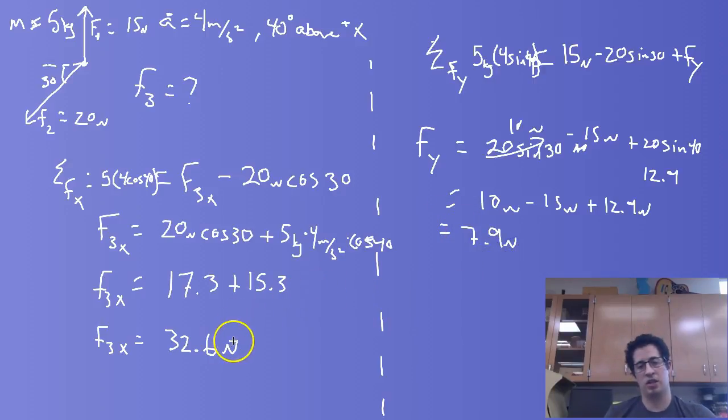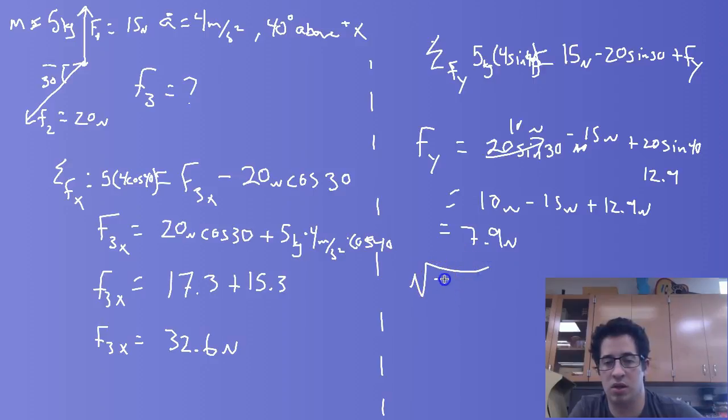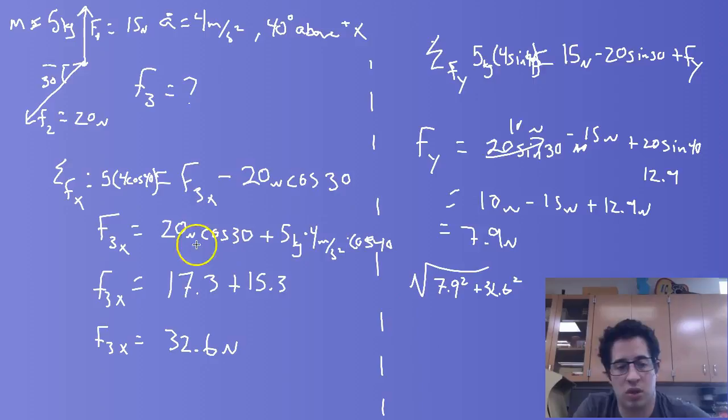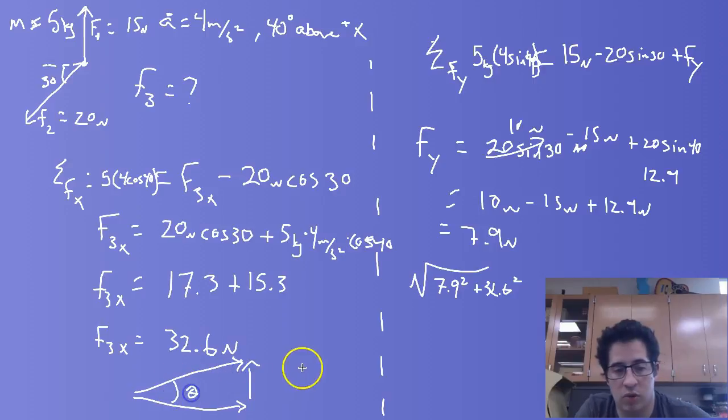Alright, and so the last thing for us to do here is to find the magnitude and direction of F3. The magnitude will be the Pythagorean theorem: the square root of 7.9 squared plus 32.6 squared. And then the direction, so it's going to be 32.6 this way and 7.9 that way, which makes this angle, which we'll find using inverse tangent of the opposite over the adjacent, so that'd be 7.9 over 32.6.